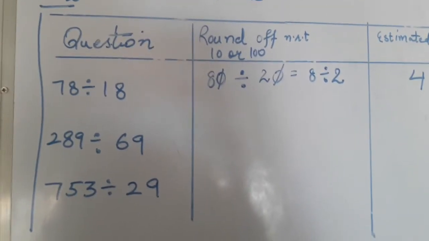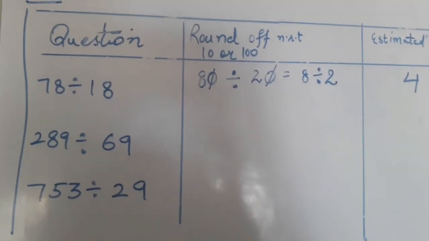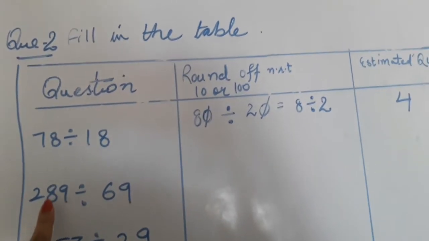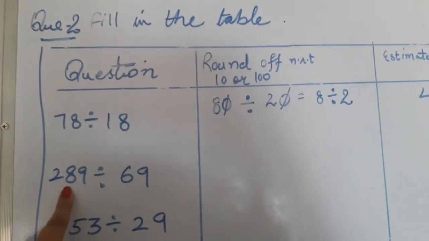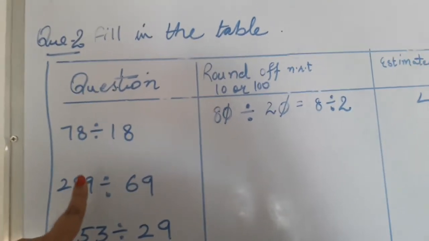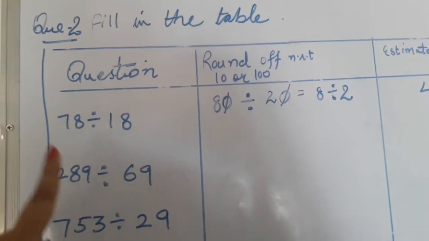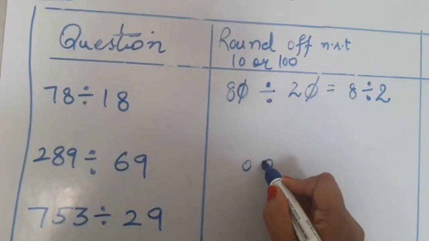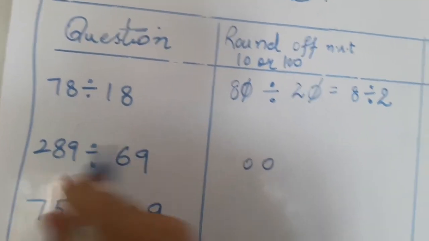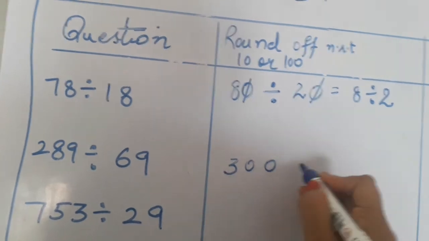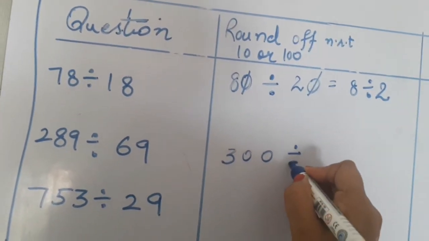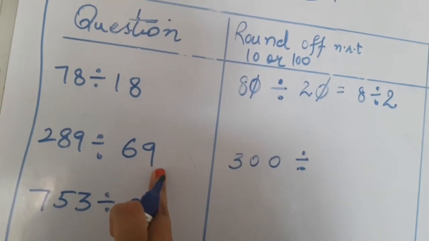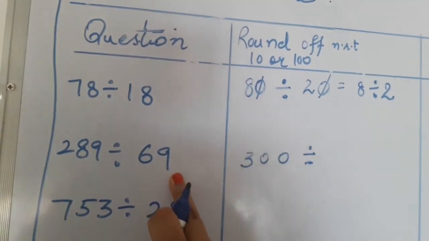289 divided by 69. Again I will round it off nearest to 100. I will see the tens place, which is greater than 5. So I will put 0 at the ones and tens place and add 1 to the hundreds place. Then I will put the sign of division. Again 69 is there. 69 means I will round off nearest to tens.